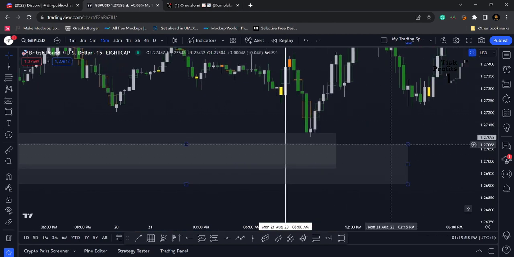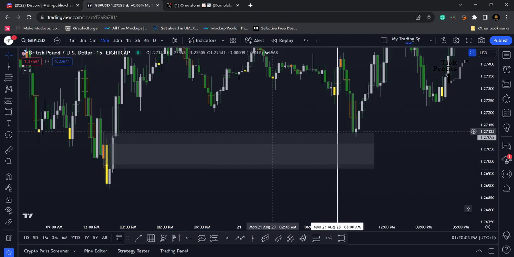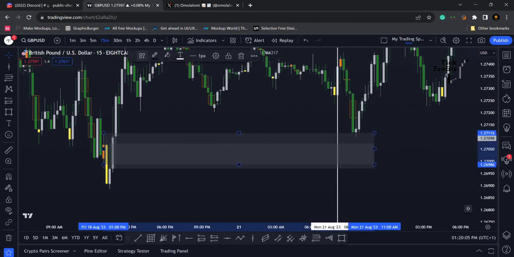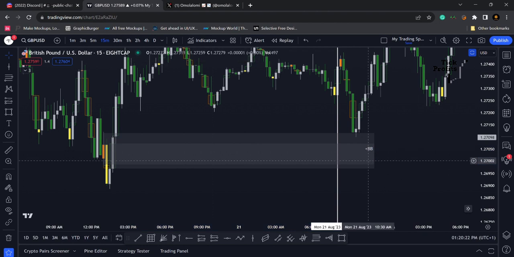Let me just delete this other block so you can see what I'm saying. So we have a bullish breaker. The bullish breaker is a failed order block. So if you see a bearish order block that price violates, it's going to turn into a bullish breaker.